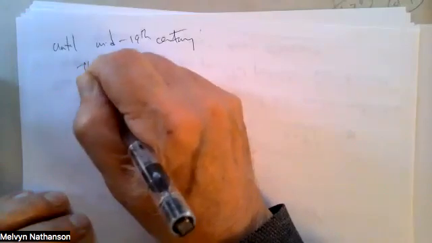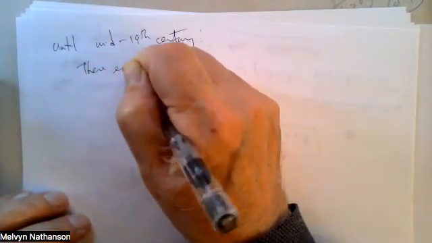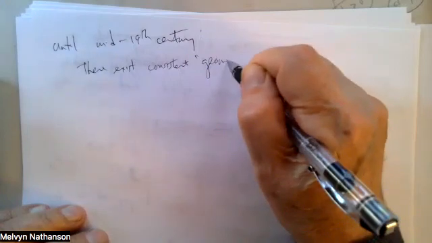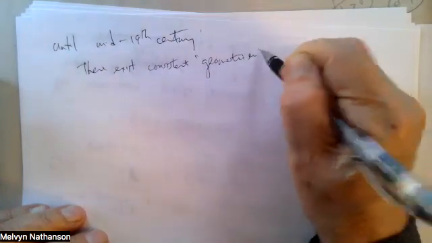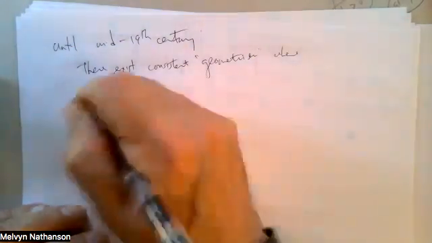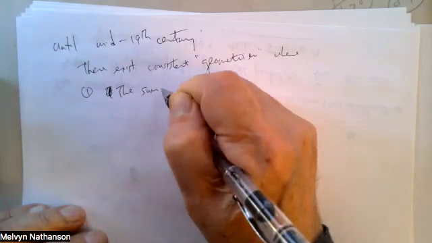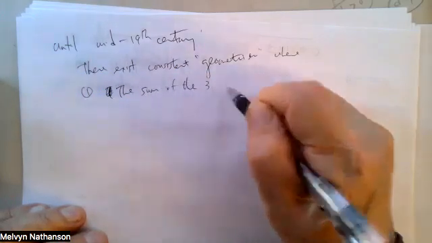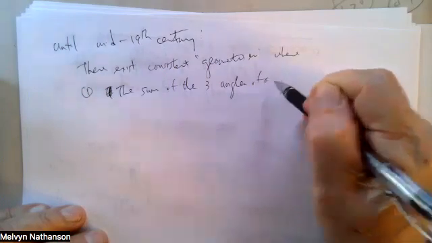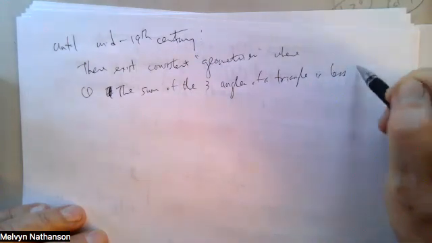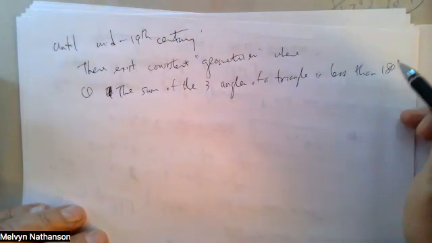And what was proved was there exist consistent geometries of two other kinds, where first the sum of the three angles of a triangle is always less than 180 degrees.